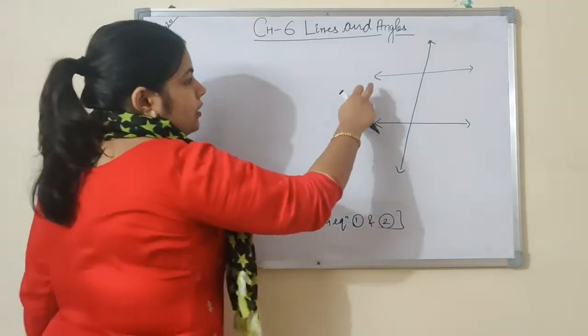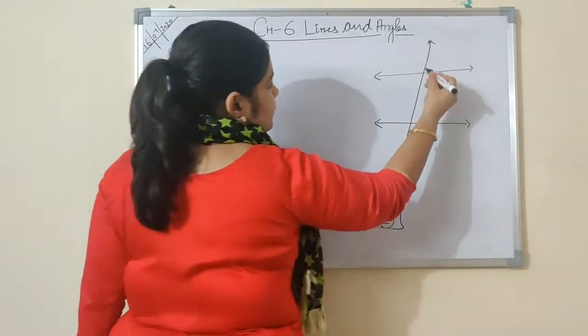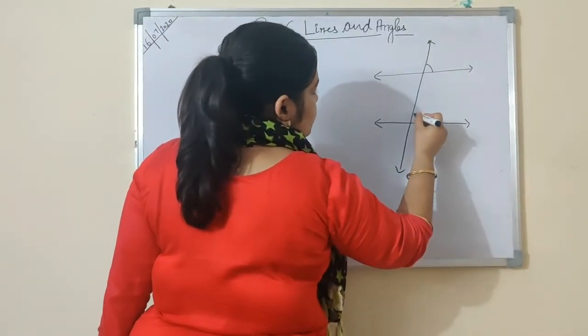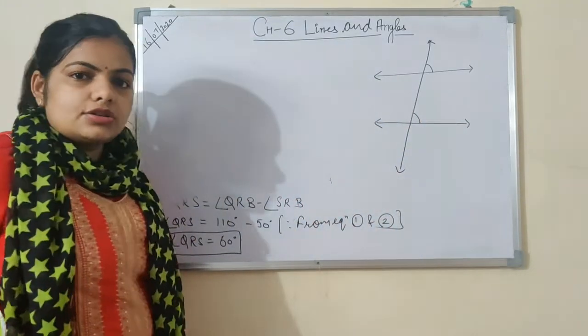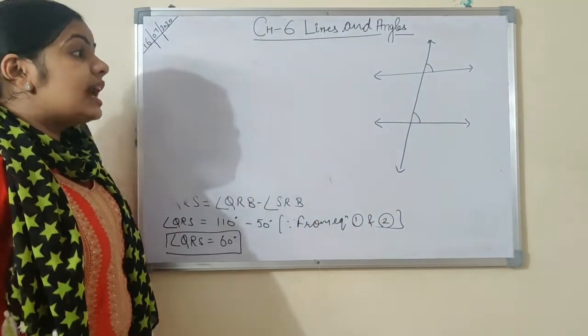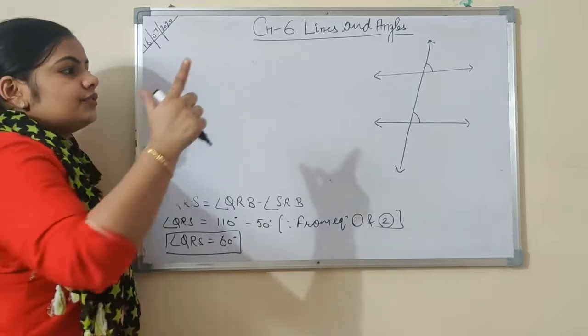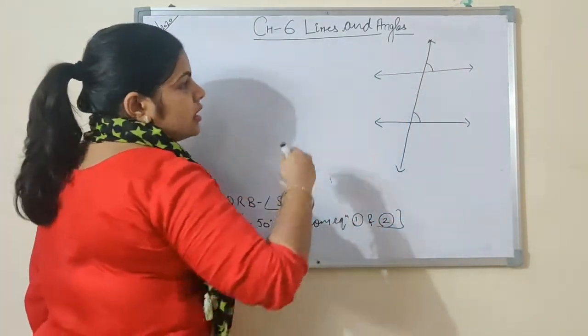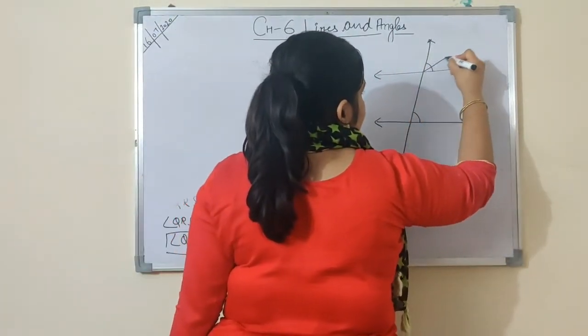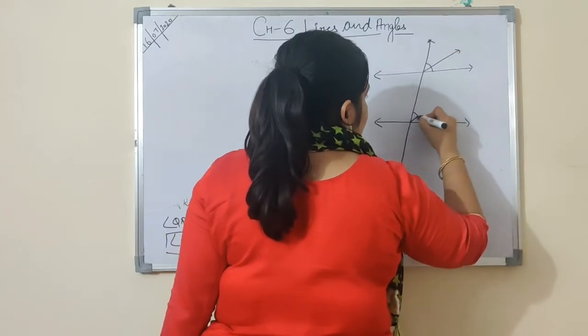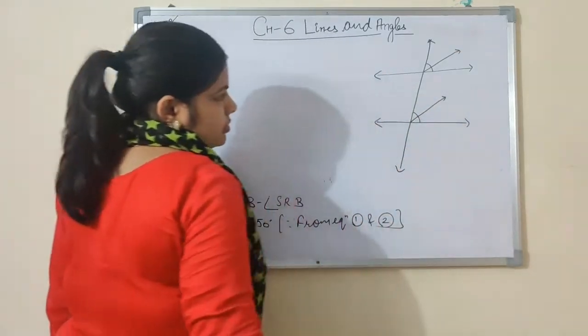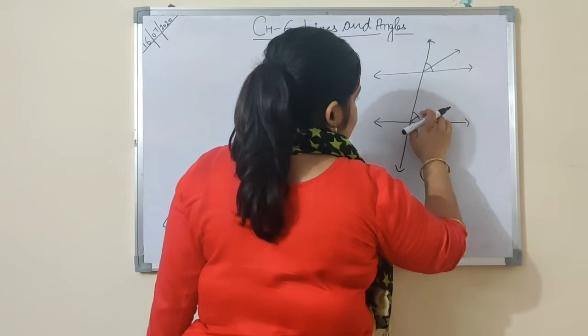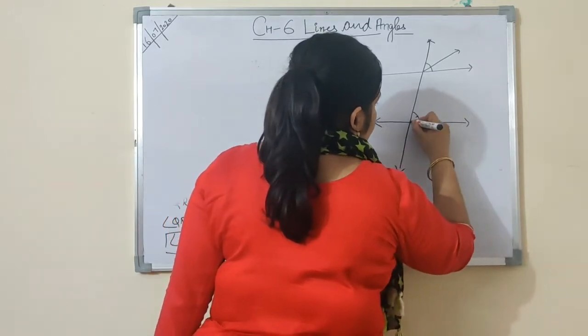Now you can see what the corresponding angles are over here. These are the corresponding angles. Yes or no? Now we have to take the bisectors of these corresponding angles. That means I am taking bisectors of these angles, as given in the question.